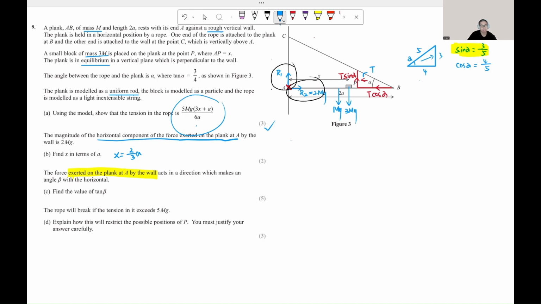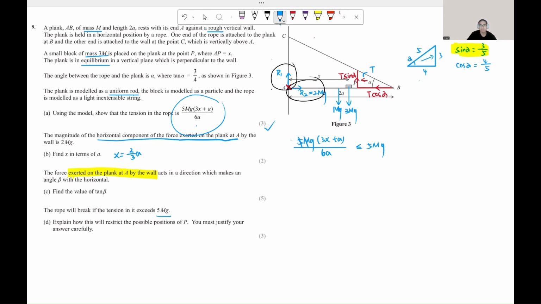The rope will break if the tension in it exceeds 5 mg. So as long as the tension is less than or equal to 5 mg, the rope will not break. That's how we set up the inequality, and then we just have to solve it.